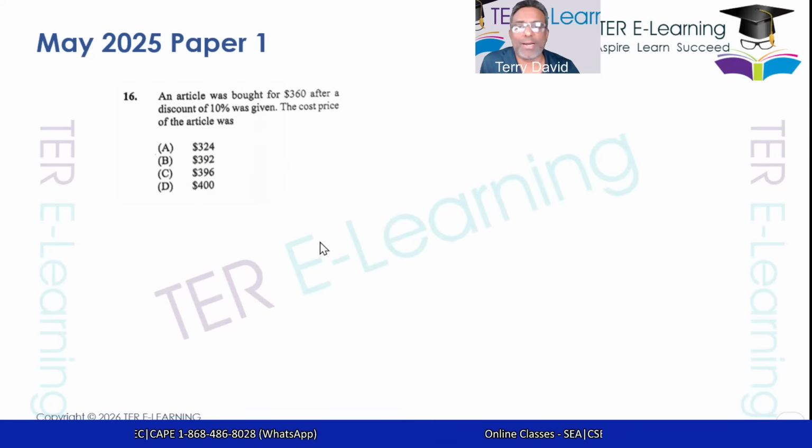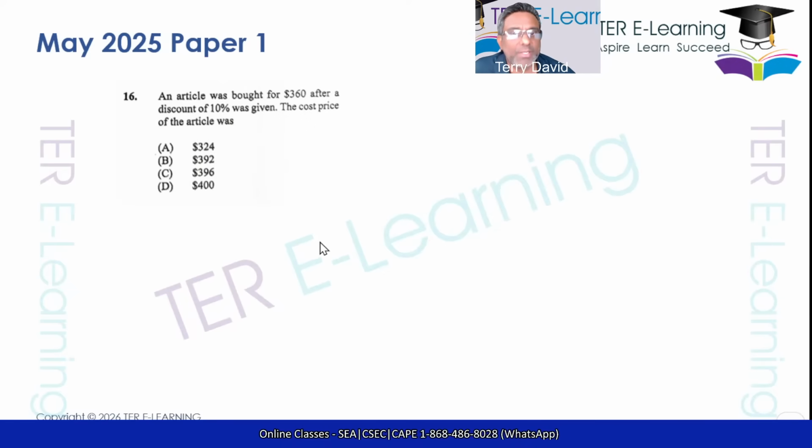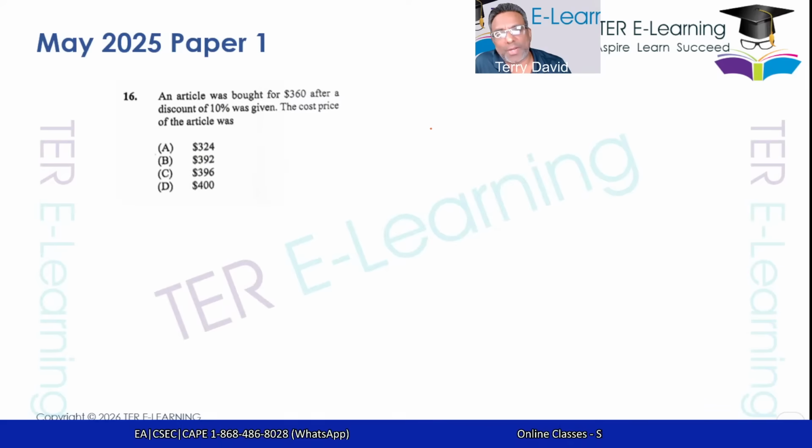Yeah, the 16. An article was bought for 360 after a discount of 10% was given. What is the cost price of the article? Okay, so this is one of those tricky ones as well. In paper two, we got a question something like this. So an article is bought for 360 after a discount of 10%.